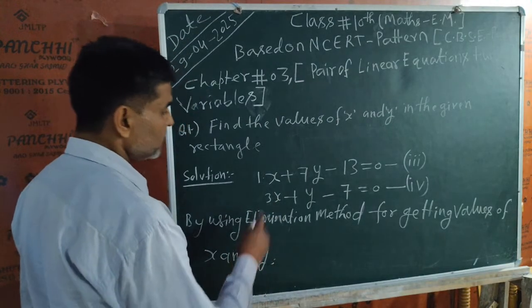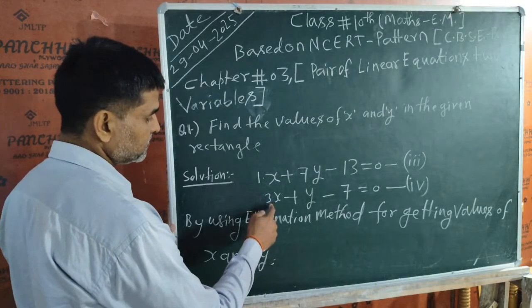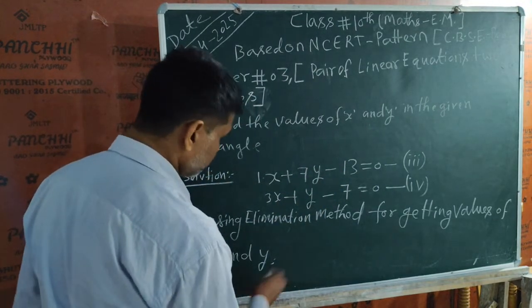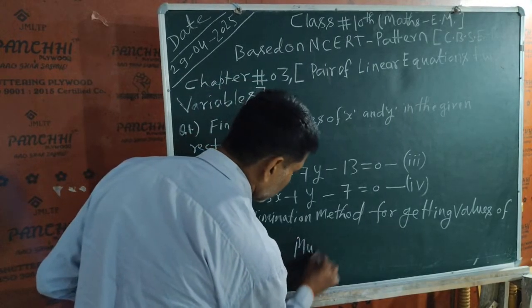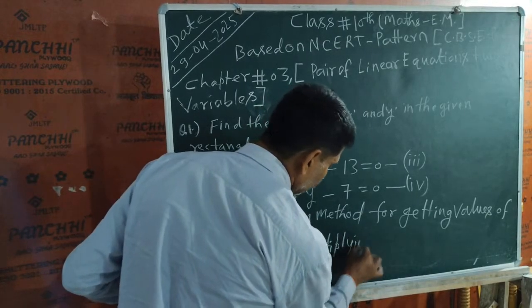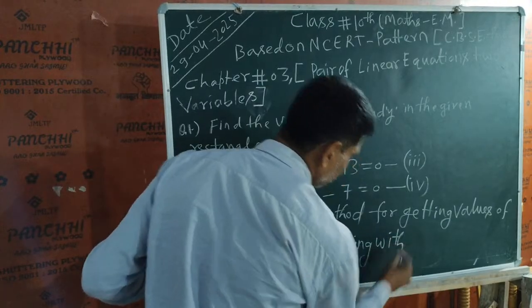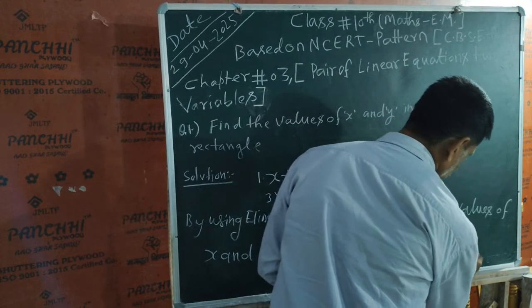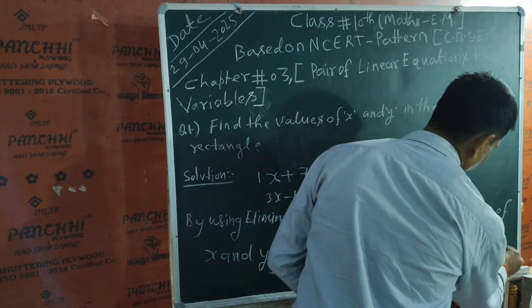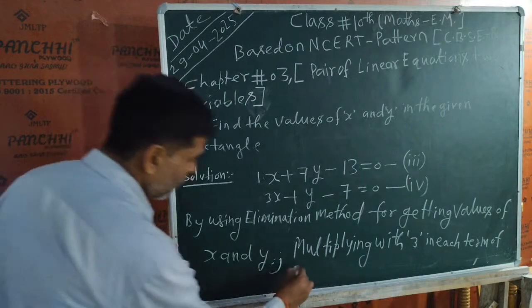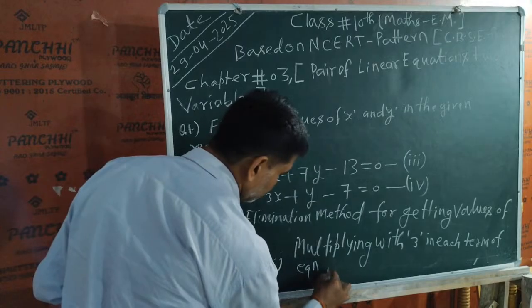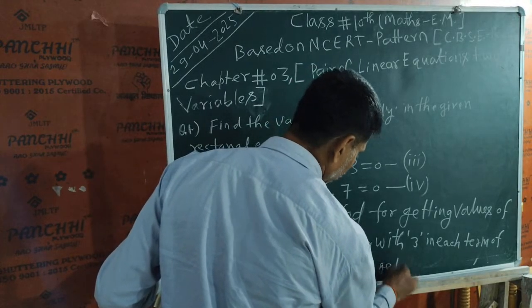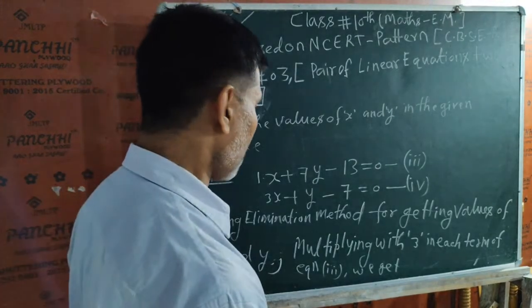Here I am going to write: multiplying with 3 in each term of equation number 3, we get.